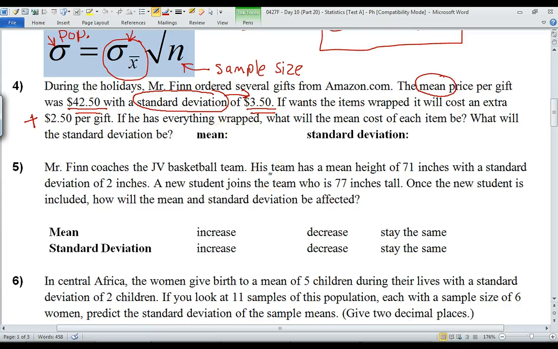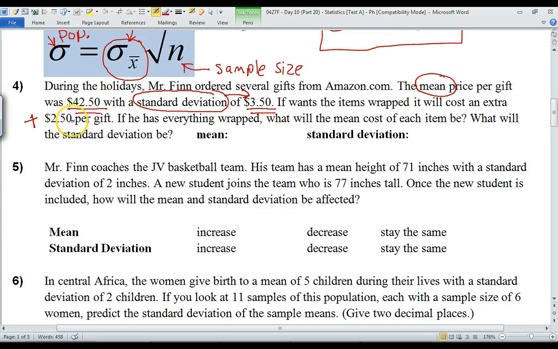Okay? Now, if he has to pay extra for each item, is the mean cost going to go up? Is it going to stay the same? What's going to happen to the mean cost if he has to pay for wrapping everything? It's going to go up, right? Since he's paying the same increase on everything, how much is the mean price going to go up? $2.50. It's going to go up exactly the amount that he's paying for the wrapping. So if he pays an extra $2.50 per gift, everything's going up by $2.50.